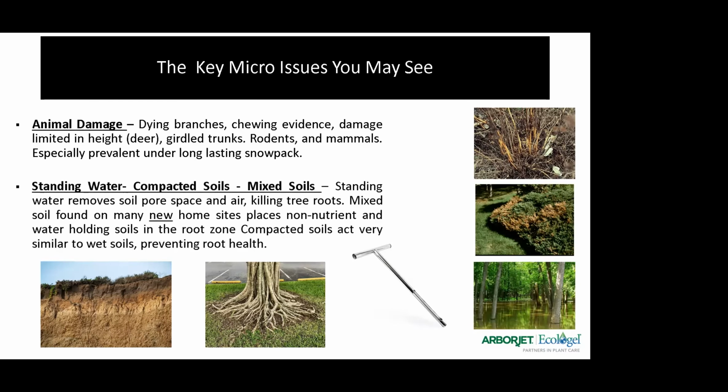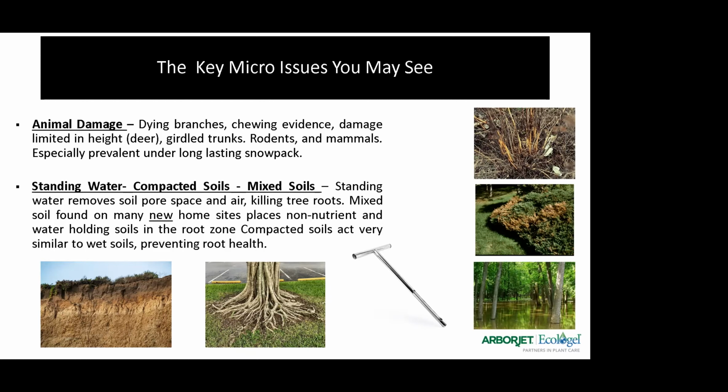You've got standing water issues. You've got mixed soil issues. On the left-hand side, you can see the zones of typical soils, A, B, and C horizons. But in many new properties, they will mix these things and lay them back down. You've got very infertile soil and very compacted soil mixed in with the good soil that was growing and developing and evolving over time for a long period of time.